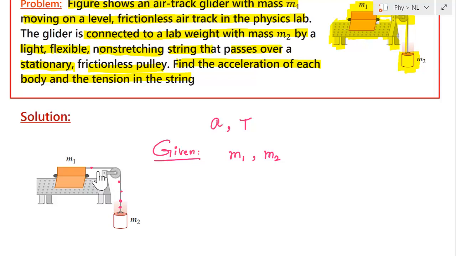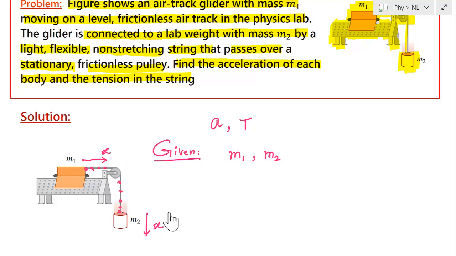This is also given: it is a non-stretching string, so the string is not going to stretch or elongate. This means if this point of the string moves by an amount x in this direction, this point of the string will also move by the amount x in this direction. In fact, all the points will move by the same amount.